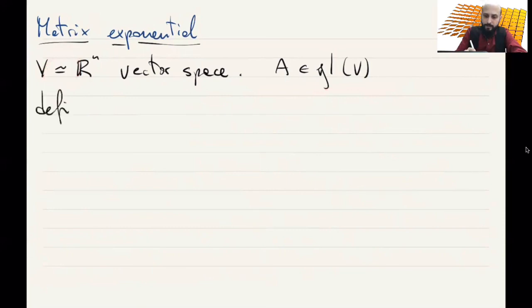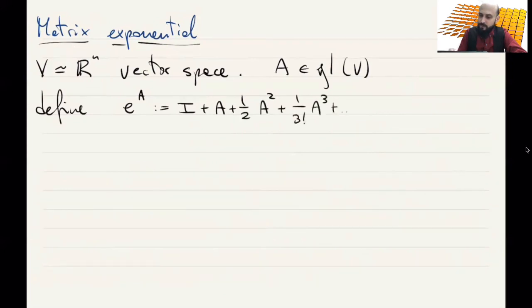Then you define e to the A to be the map that is the identity plus the map A plus 1/2 A times A, A squared, 1/3 factorial A cube, and so on. This is the sum over k from 0 to infinity of 1/k factorial of A to the k.